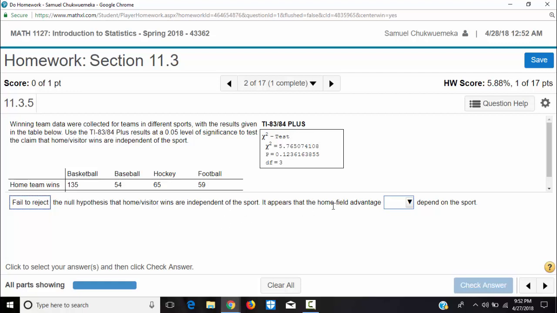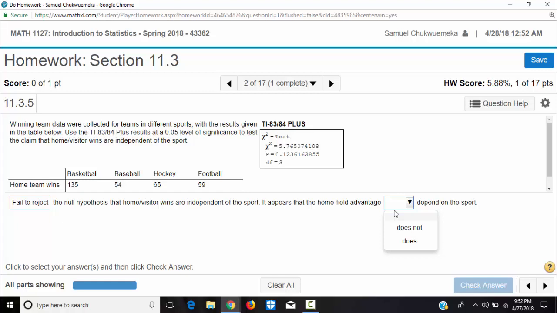It appears that the home field advantage... if you look at the null hypothesis, the null hypothesis is that the home/visitor wins are independent of the sport.